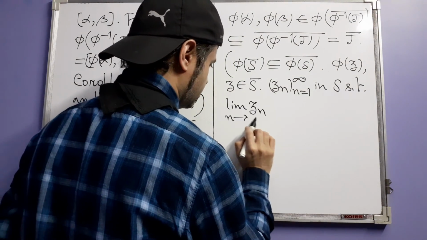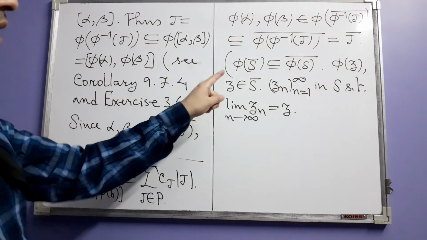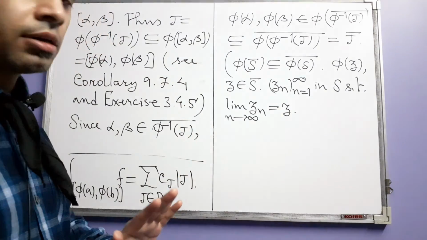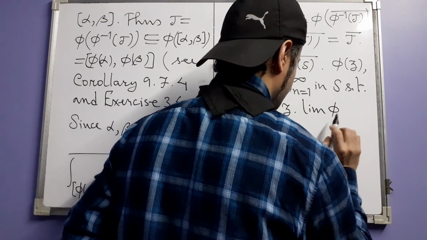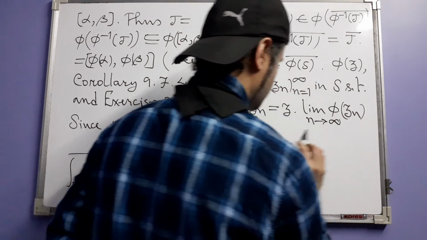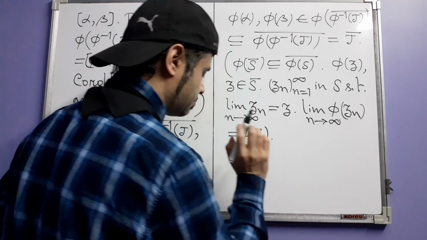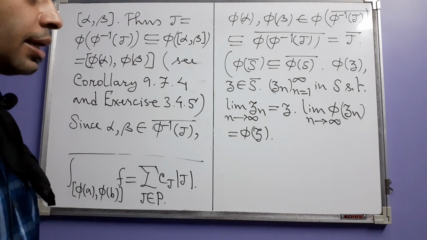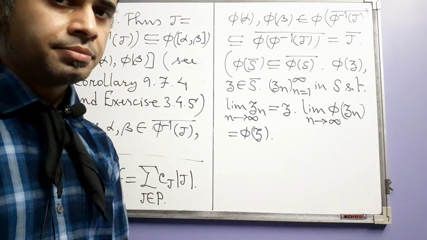Limit of Zn is equal to z, but our phi is continuous, right? So by the sequential formulation of continuity, the limit of phi of Zn will be equal to phi of z. However, what can you say about phi of Zn?